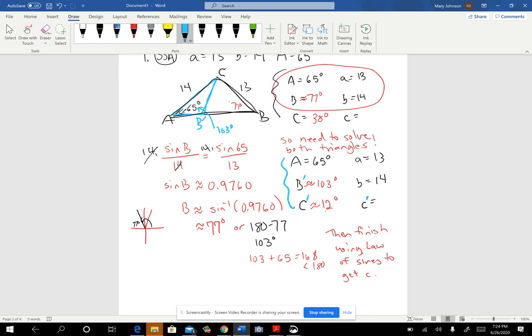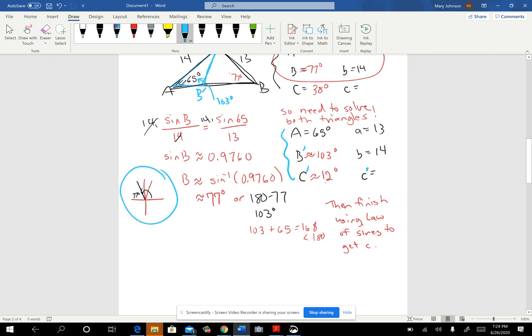I'm not going to finish that, but I wanted to explain what the issue is and how you have to do this analysis right here. You have to look to see if there could be a second triangle. Now, here's the issue. Say that you got that to be 77, and you subtract 77 from 180 and you get 103. So 103 would be the other angle that could have that same sine.